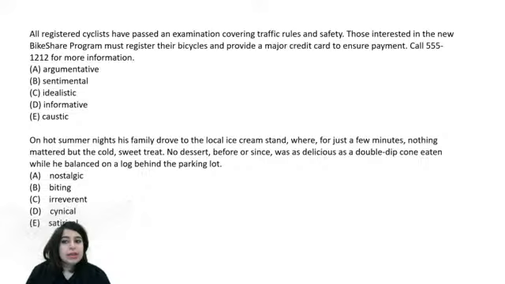Those interested in the new bike share program must register their bicycles and provide a major credit card to ensure payment. Call this number for more information. Now you have to decide whether the paragraph here is argumentative, sentimental, idealistic, informative, or caustic in nature. So I'm giving you some time to think what should be the correct answer.